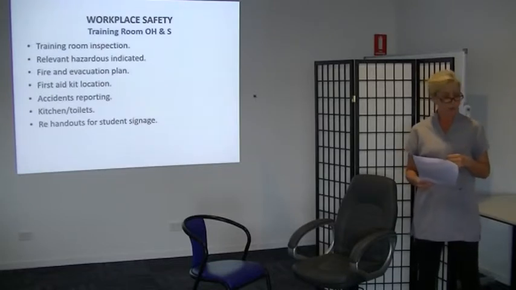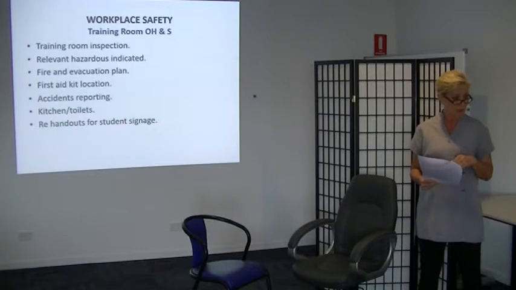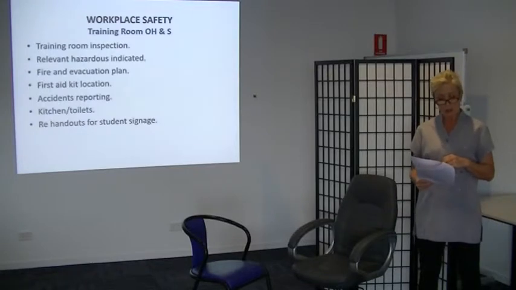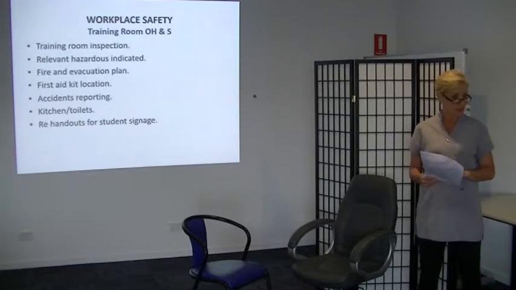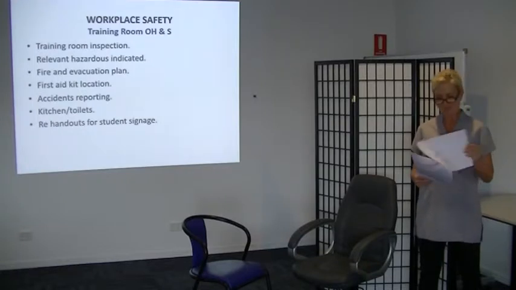We identified the relevant hazards in the workplace environment. We went through a fire and evacuation plan. We located the first aid kit. I showed you how to report accidents, and where the kitchen and the toilets were. If you could just sign the bottom of that sheet, that would be fantastic, just to know that you're across all that. Thank you.